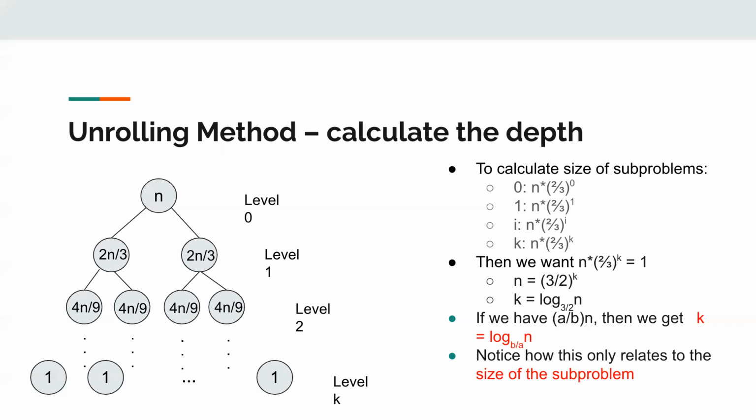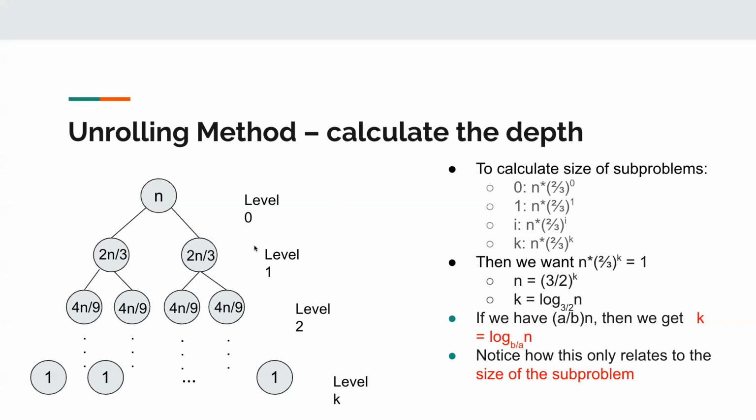I think it would be helpful to have more examples other than just splitting into half. So the second level, or level 1, has size n times 2 over 3. The next level has n times 2 over 3 squared. We can see the pattern here. If you want to calculate the size for an arbitrary level i, you get n times 2 over 3 to the i-th power.